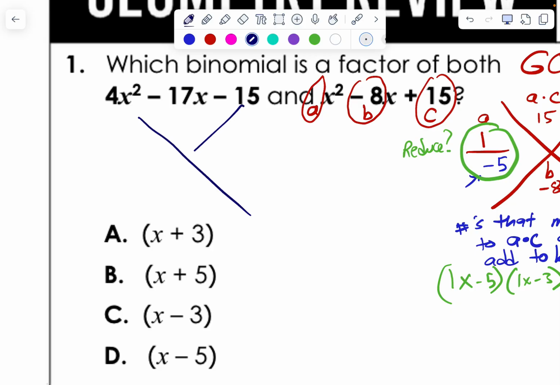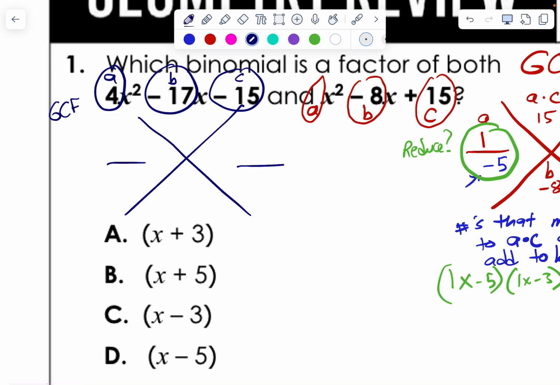And over here, again, we have a out front of x squared, b out front of x, and c by itself. Okay, there's no GCF, but definitely if a is not 1, you should check. 4 times negative 15, that's the top, so that's negative 60. The bottom is negative 17, and a is 4.